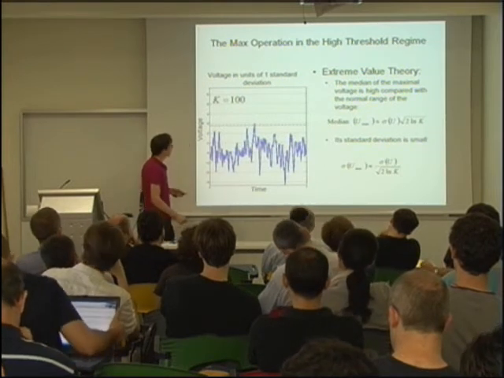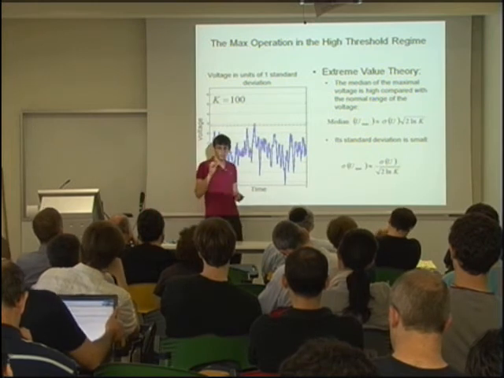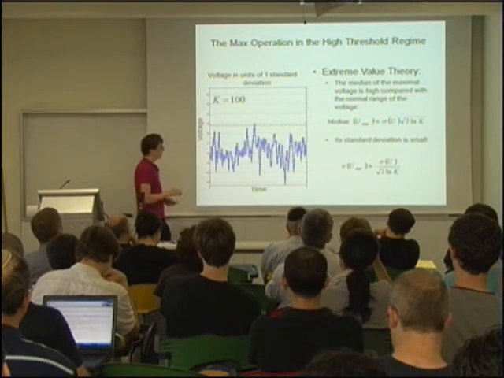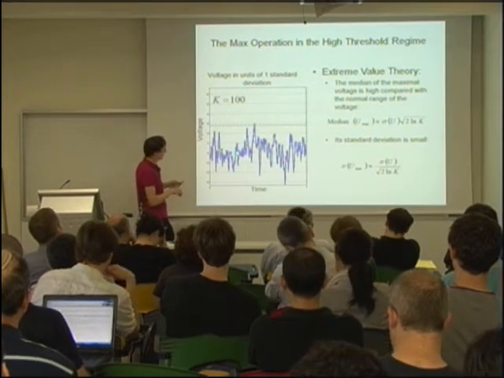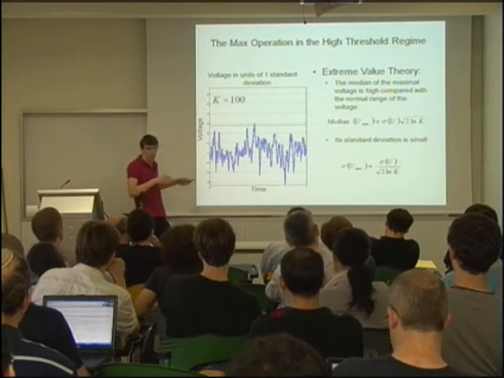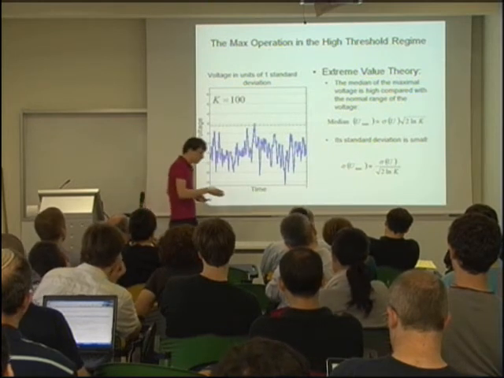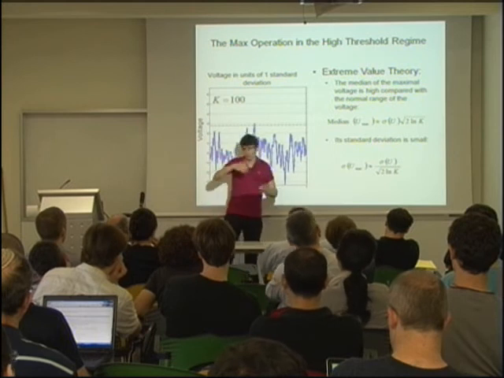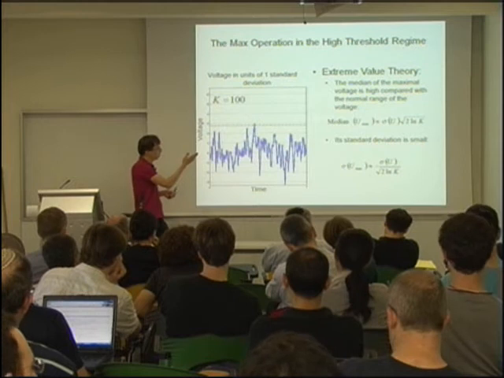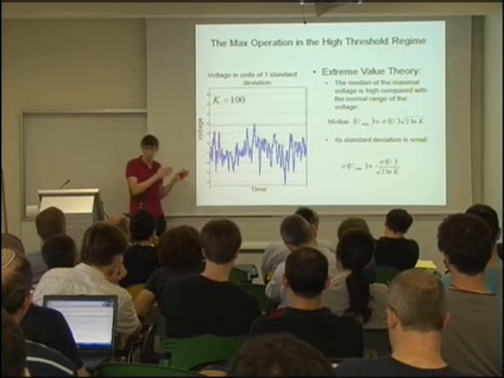In order to understand that, we need to remember that the decision of the temperature is based on the maximal voltage, and the voltage, in the large n limit, you can model as some stochastic process, a Gaussian random process with correlations, about which we have a lot of theory from mathematics.